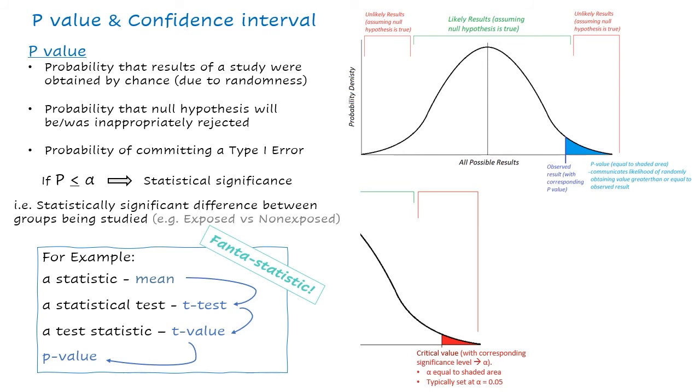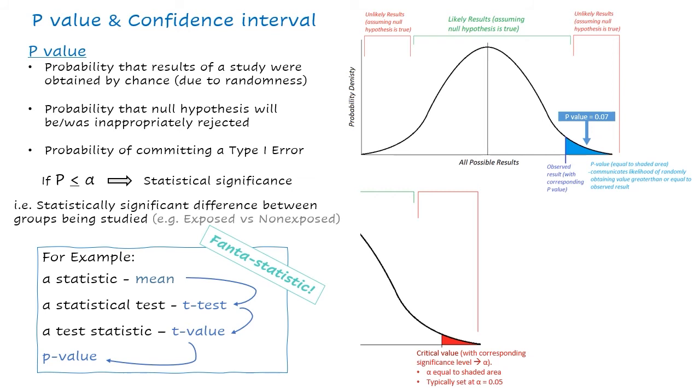In this distribution plot, our observed result is marked in purple, with a blue shaded area equal to its corresponding p-value. In this case, the p-value is 0.07 and our significance level was set to 0.05. And the way we can translate this into English is by stating that the probability of obtaining our result, or one more extreme, completely by chance is 7%.